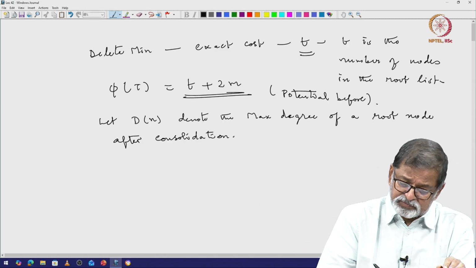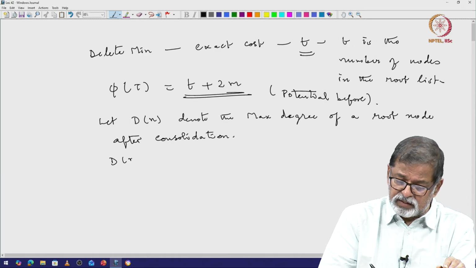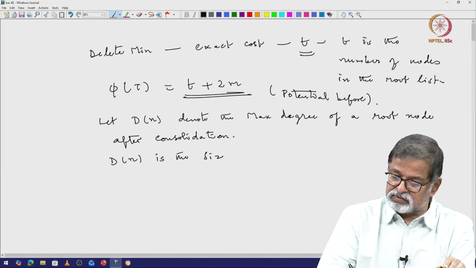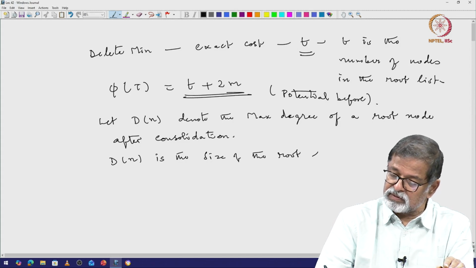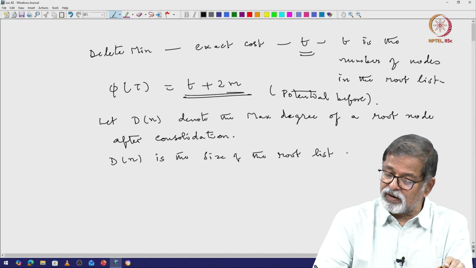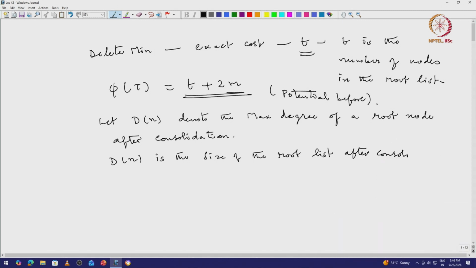Therefore, dn is the size of the root list after consolidation. That is the maximum degree.